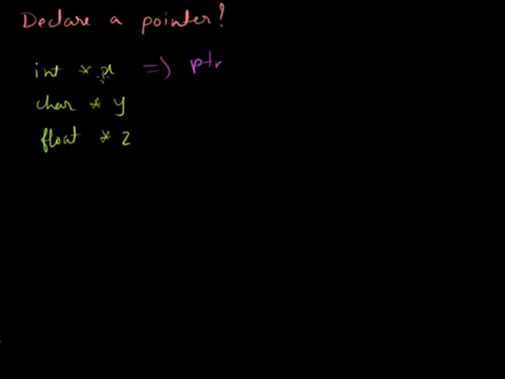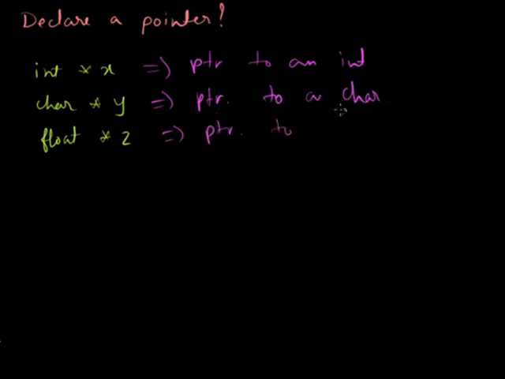When you declare a pointer, you always use star before that. So pointer to an int. Now x is such a variable which stores the address of an integer. Similar is the case with y. It is a pointer to a char variable. It stores address of some character. Z is a pointer to a float.